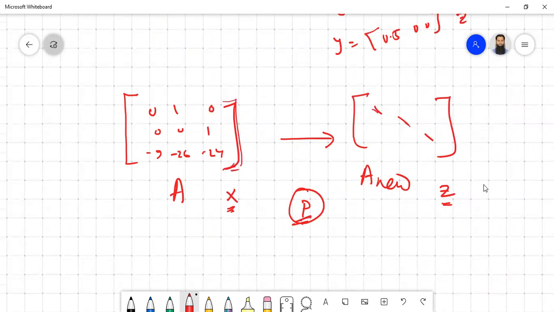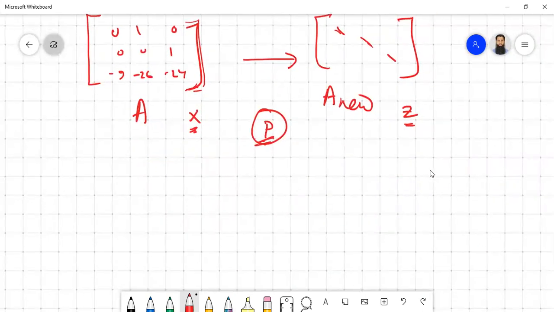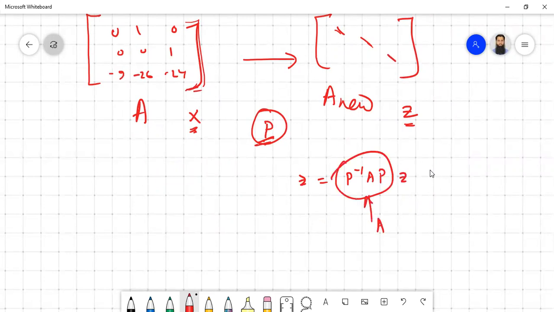So with appropriate values of P, you can find the new Z equal to P inverse AP Z. Basically this will give you a new matrix that will have only diagonal parameters.